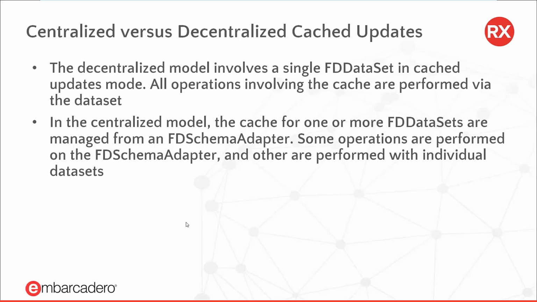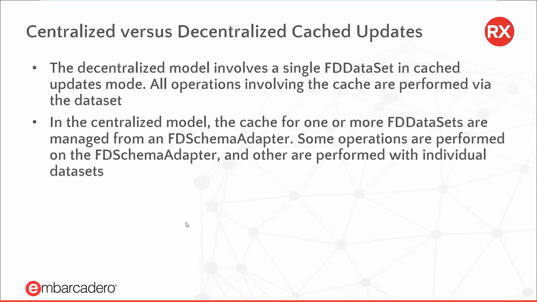Now, this requires a FD schema adapter to work with, and this is such a powerful capability in FireDAC. It's one reason why I would move from some other data access mechanism to FireDAC. And importantly, before FireDAC was added to RAD Studio, the only option you had for cached updates was to use a client data set.